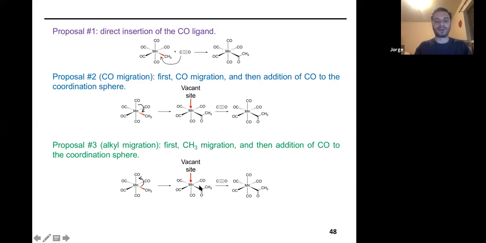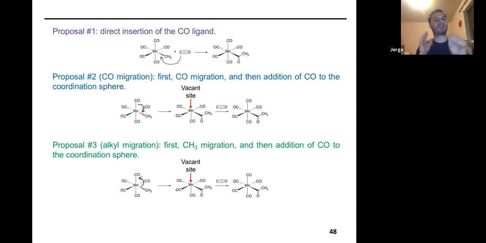So that's going to form the CH3CO that creates the vacant site here and a 5-coordinate species as the intermediate, and then the CO bonds to the vacant site, reestablishing the hexacoordinate complex. Okay, so careful.